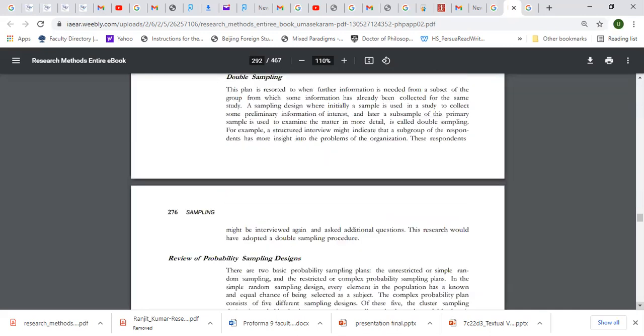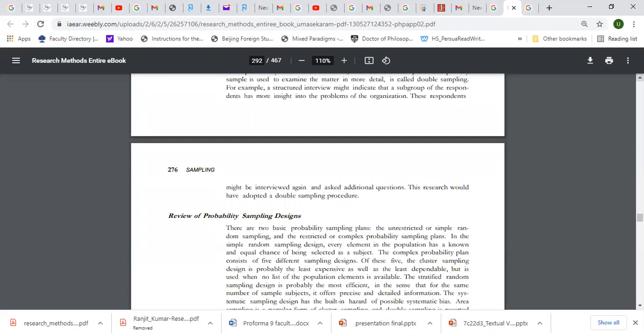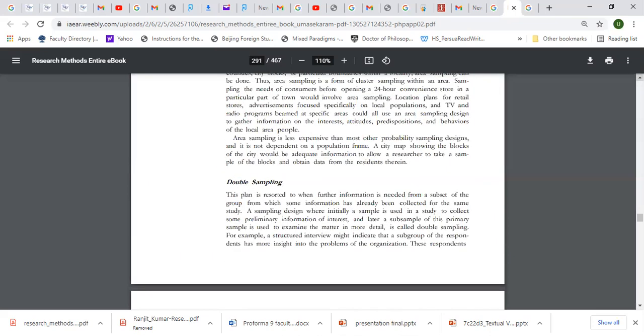Double sampling is, as the name suggests, a sampling where you first take a sample and use it in a study to collect some kind of information that you wanted to collect, and then the sample is used once again for another purpose.